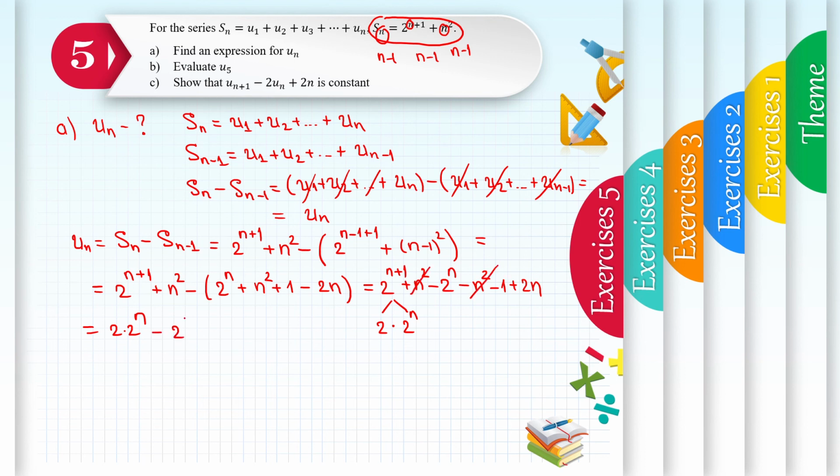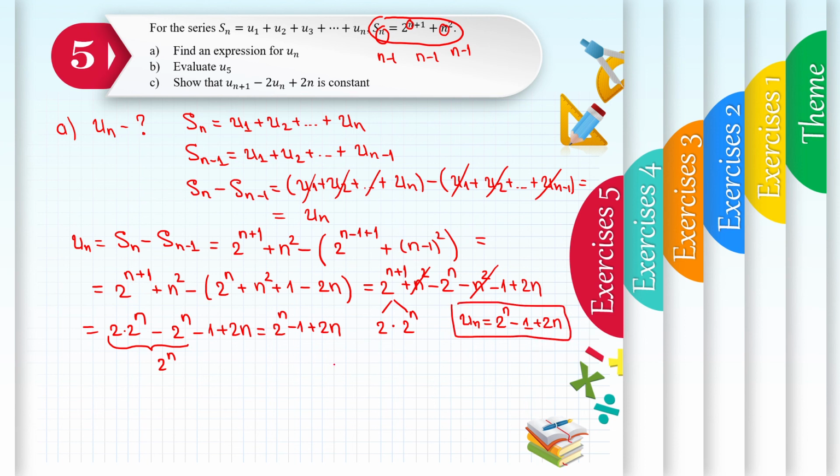Next is minus 2 to power n minus 1 plus 2n. And 2 multiplied with 2 to power n minus 2 to power n, in fact, is 2 to power n. So we obtain that un is equal to 2 to power n minus 1 plus 2n.